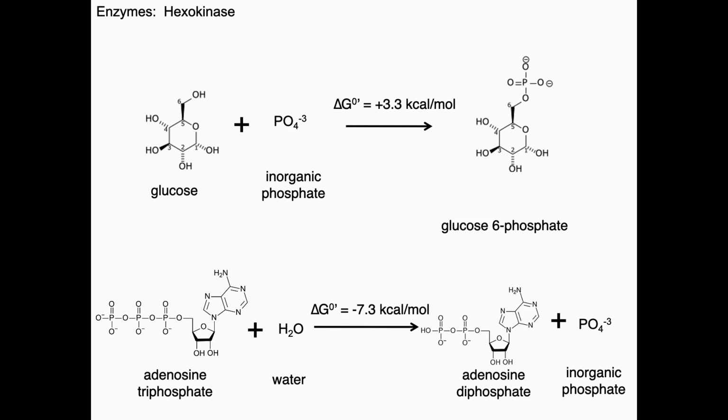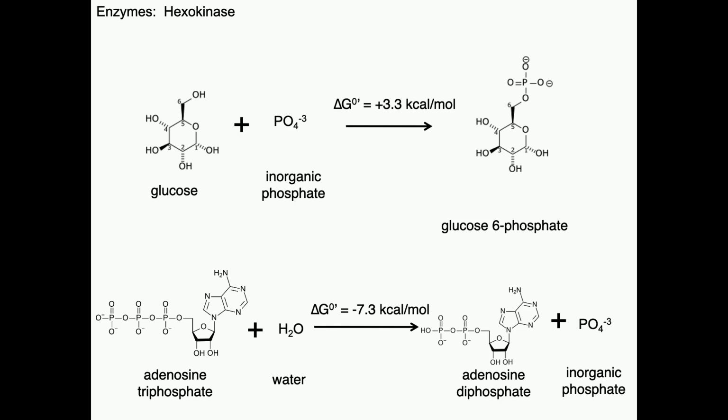So the negative delta G of this reaction overcomes the positive delta G of this reaction. Okay, so that's one key thing that enzymes can do, is to link reactions together, and because delta G's are additive for reactions, the total delta G is going to be the sum of them.